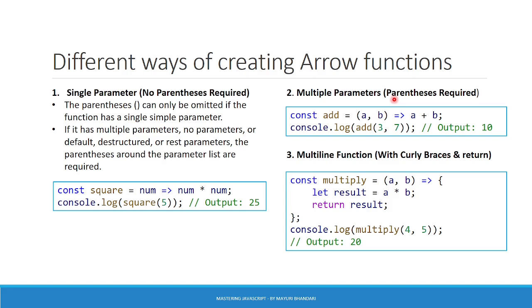But if you have multiple parameters, then we have to give round parentheses, and even if you have no parameters, you have to give empty parentheses. And in the third syntax, if your function is multi-line, you have to give curly braces and the return keyword. So depending on the situation, you can choose the appropriate syntax.